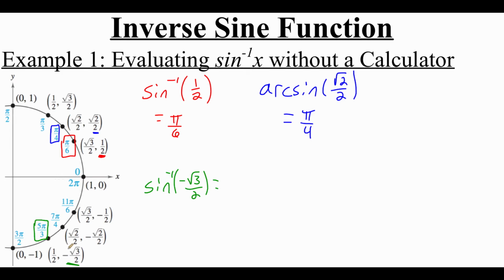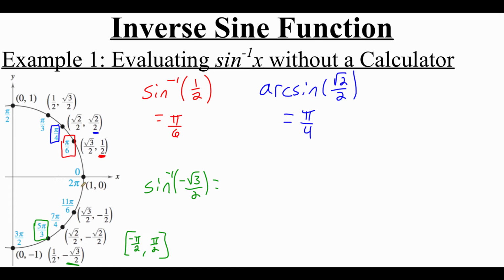But 5 pi over 3 isn't actually our answer, because of how we had to restrict down the domain of the original sine function in order for its inverse to exist. We said that we had to restrict down those angles to being between negative pi over 2 and positive pi over 2, and 5 pi over 3 is too big to fit in this interval. So there's a couple different ways that we can think about it.